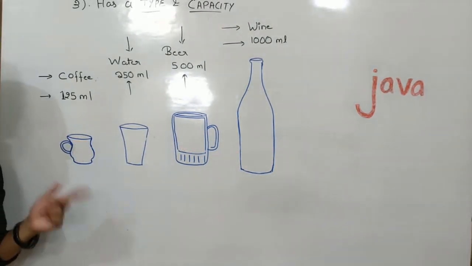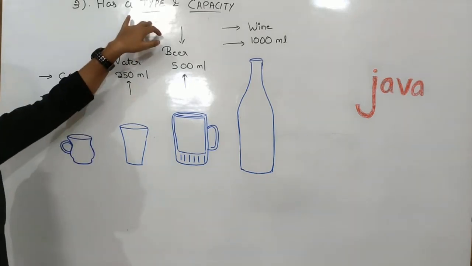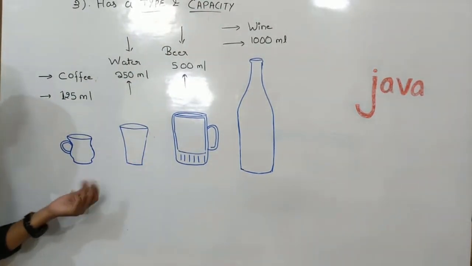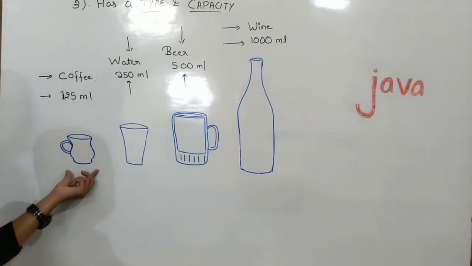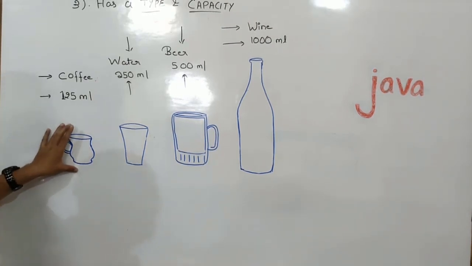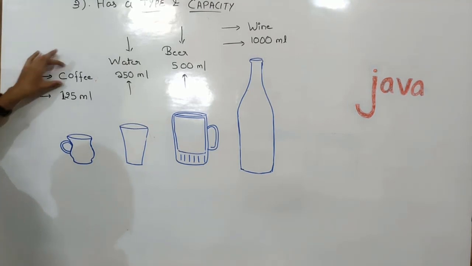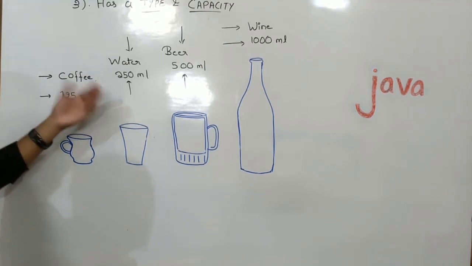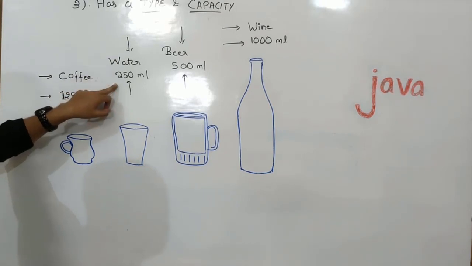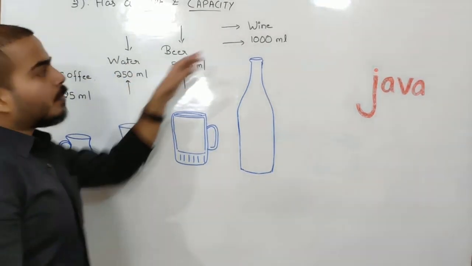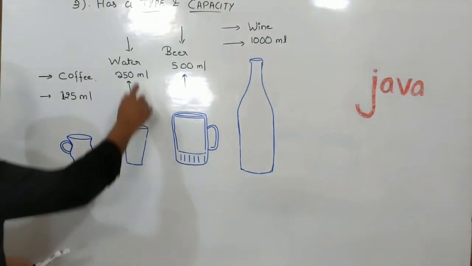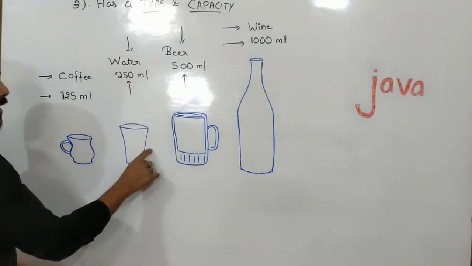The third point states that every variable has a type and some capacity. In our example, the first type of container is coffee and the capacity is 125 ml. The next one is of type water, 250 ml, the beer 500 ml, wine 1000 ml, and so on. But it is not actually the type of the container.